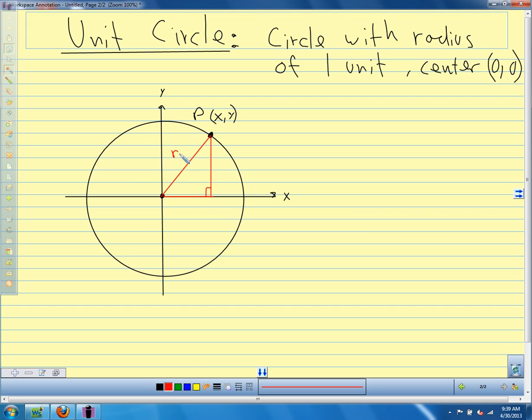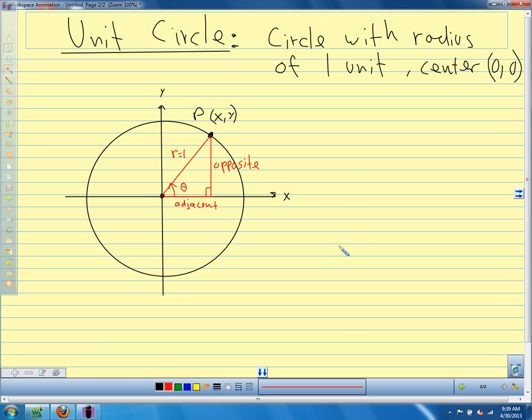The radius is 1, so my hypotenuse is 1. So if we look at this, this is our angle of rotation here. We're going up this way, so that's our angle of rotation. And if we label the sides of our triangle, this is the adjacent side, and this is the opposite side.